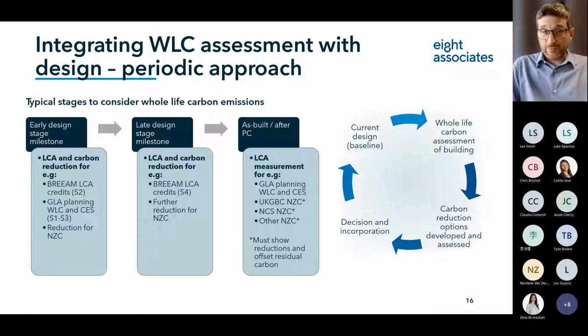Then that gets measured by the whole life carbon expert, and then you can integrate those in that decision in the incorporation stage, showing the client the benefit and the improvement, and then incorporating that, and then you get your next current design ready for the next stage, and you can do it iteratively.